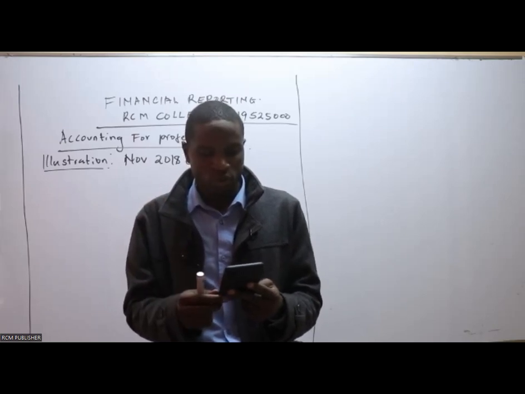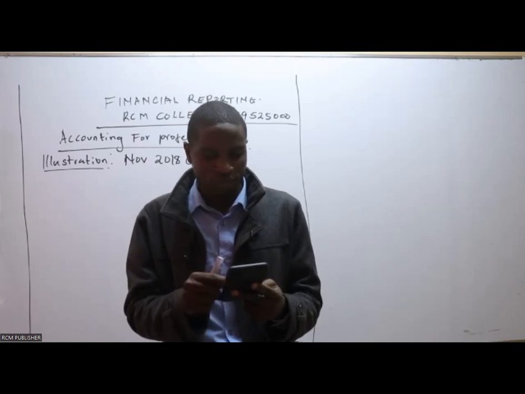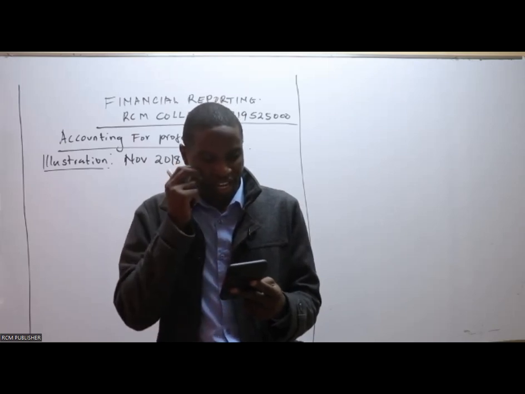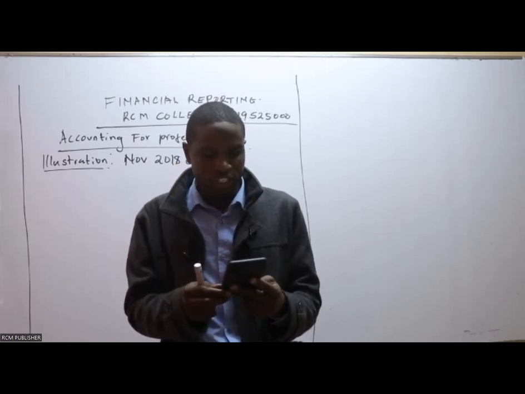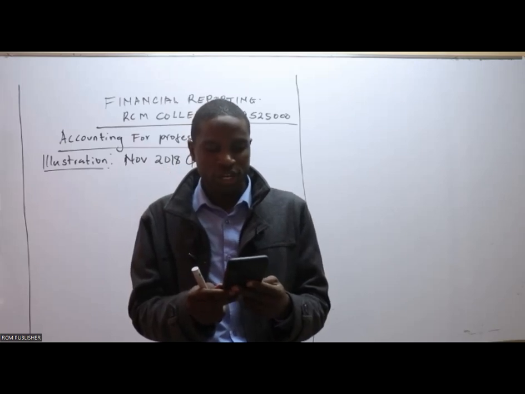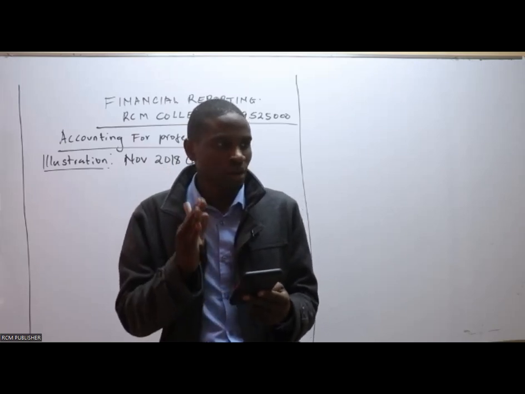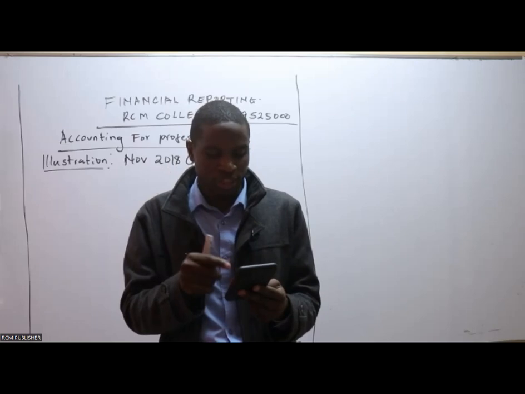Then we have capital, disbursement on behalf of the clients, drawings, salaries to the office staff, rent and lease, postage and telephone, printing and stationery. Those are some of the items that we have.